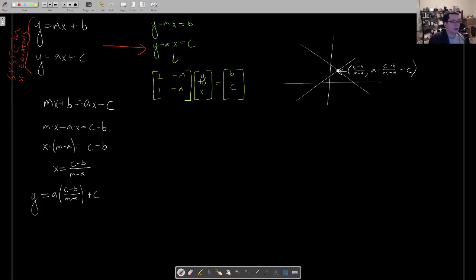Because now if we do this matrix multiplication, then we have 1y minus m times x. That's this row times the column. And then we have 1y minus a times x is the second element equals b, c.